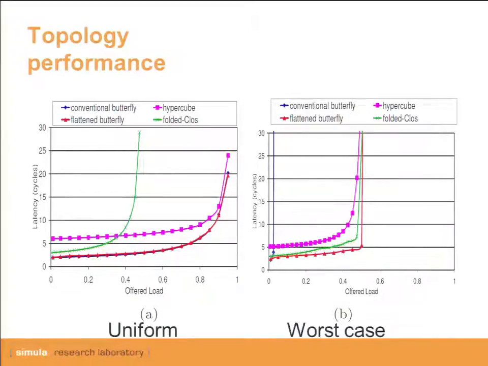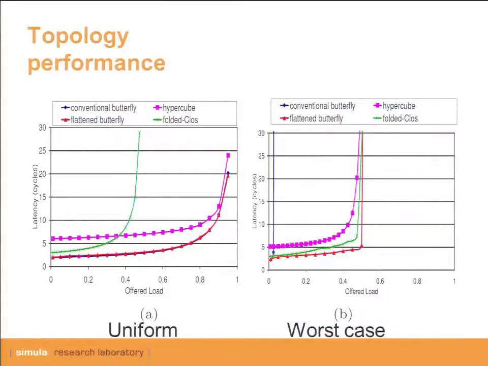Because if you compare with the full bisection fat tree, then these figures would sort of be reversed. The performance for the uniform traffic would be identical, but for the worst case, the Dragonfly would be at 50% and the factory would be at 100%. So it's the opposite of that one.